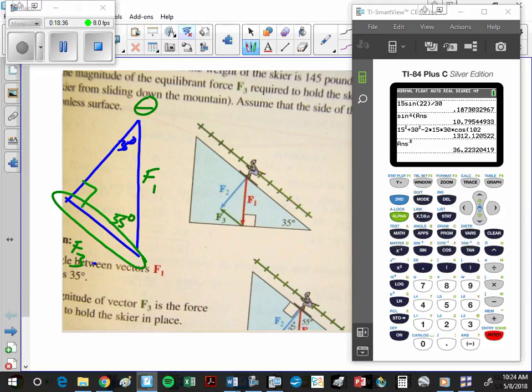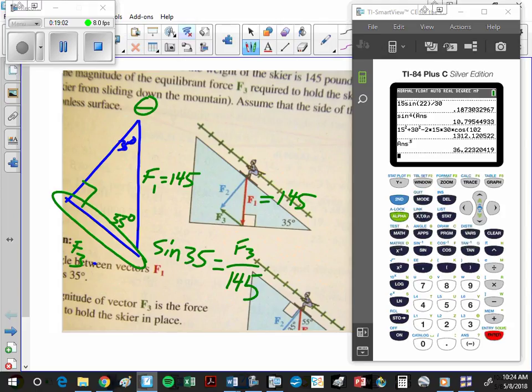So the magnitude of F1 is 145. So this is 145 pounds. That's the force. So this is 145 because that's his weight. So the sine of 35 is F3 over 145.